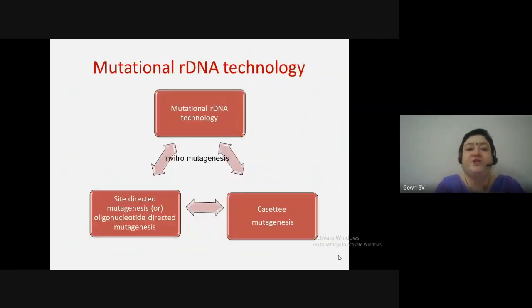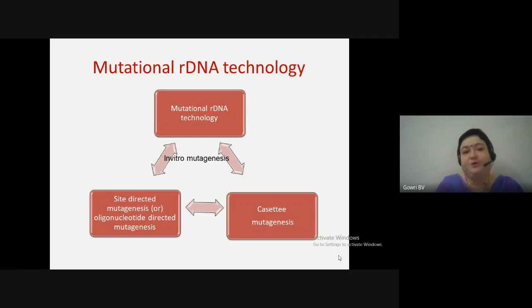So mutational rDNA technology, or what you call in vitro mutagenesis in the laboratory condition, can be brought out by two methods. One is site-directed mutagenesis, which is also called oligonucleotide-directed mutagenesis. The other procedure we have is cassette mutagenesis.